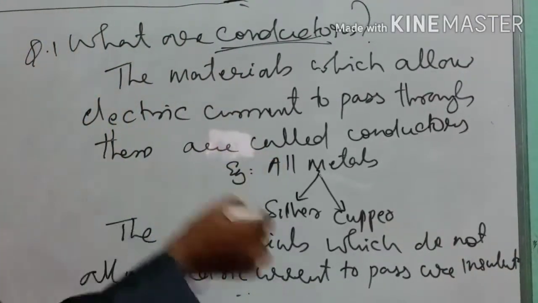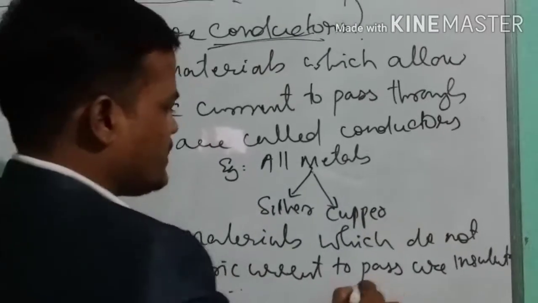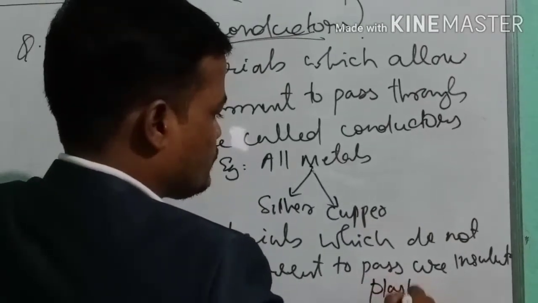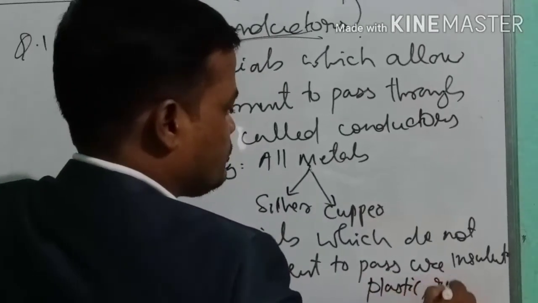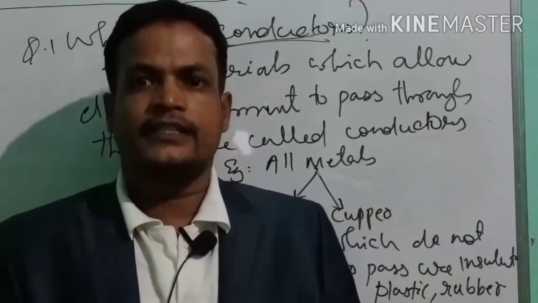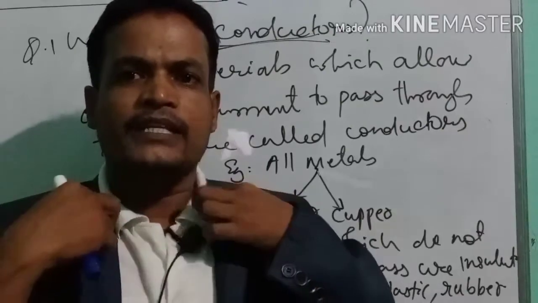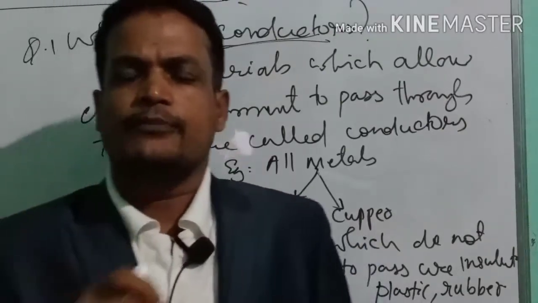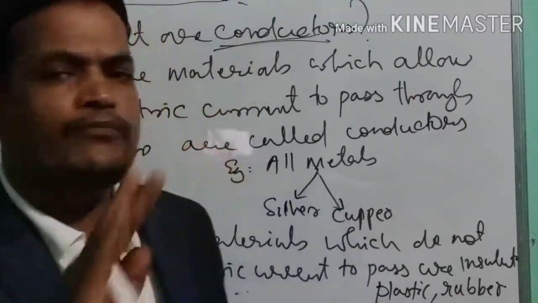You can say plastic, rubber, etc. So you know that, children, the handles of electrical appliances, switchboards, these are made from plastic and rubber.